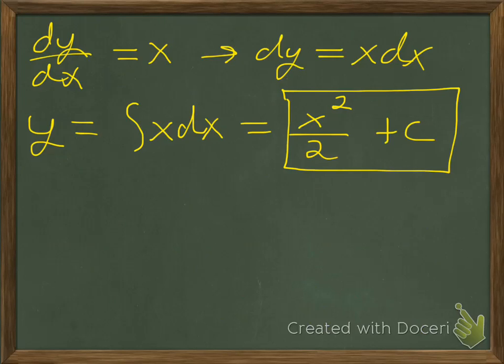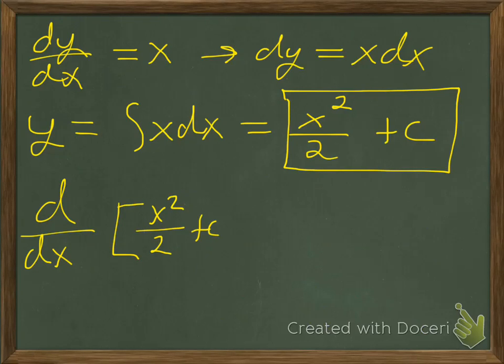Then we're going to check by taking the derivative, and that should be equal to the integrand, which is x. So I take the derivative, take that exponent down, subtract 1 from it, and then the derivative of the constant is 0, so we do have a match.